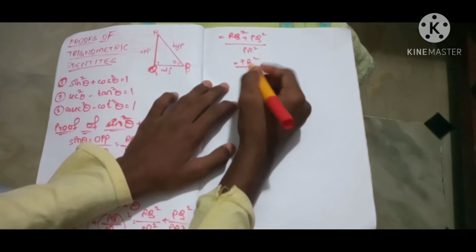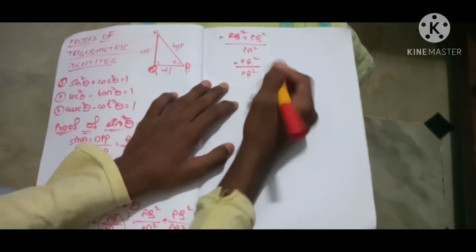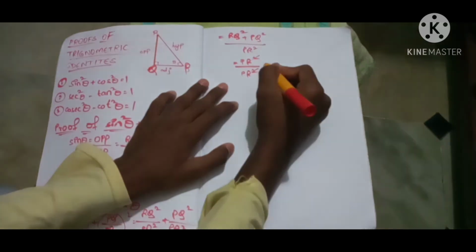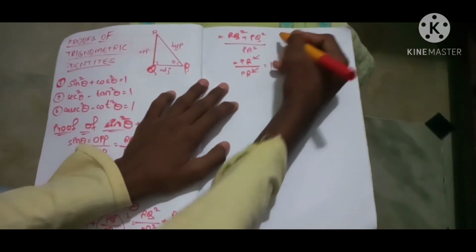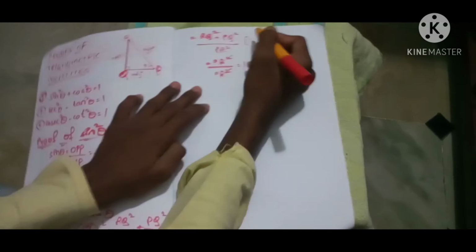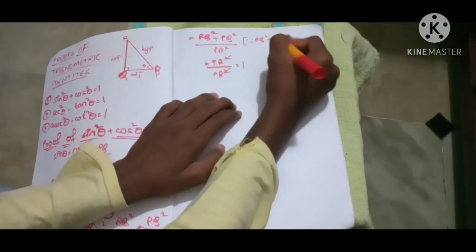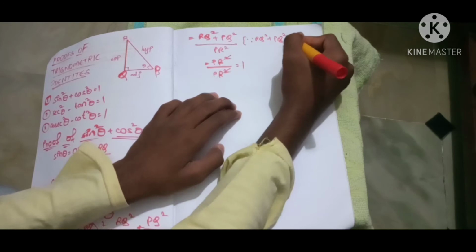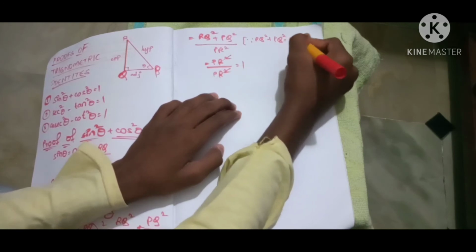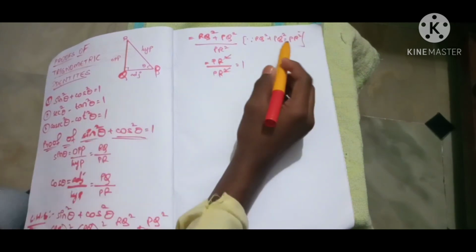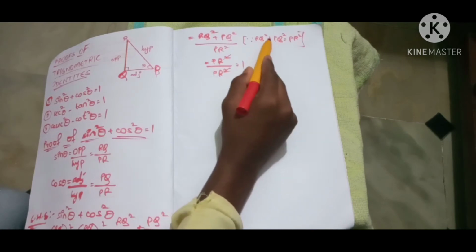PR square by PR square means both will be cancelled and this equals 1. Here you can write, since RQ square plus PQ square is equal to PR square, according to Pythagoras theorem, we can do this.